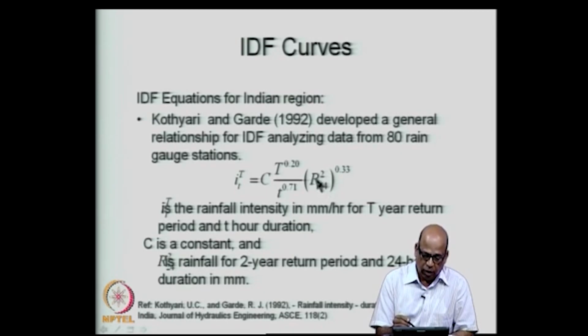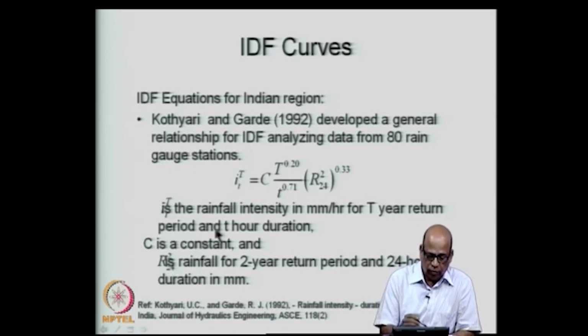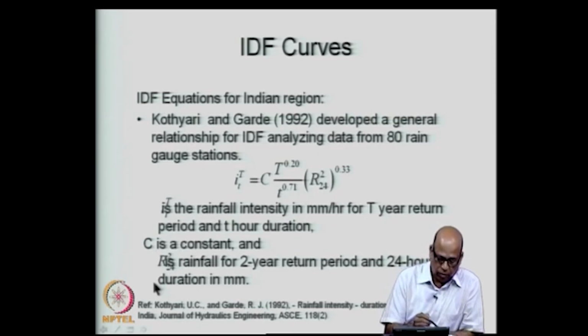This is the 24-hour, 2-year return period rainfall. So, if we have this 2-year return period, 24-hour duration rainfall, then we can calculate this. So, this is R 24/2 here.